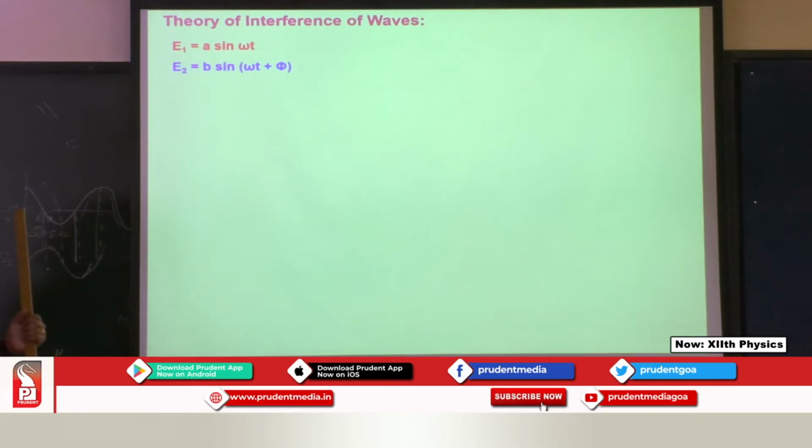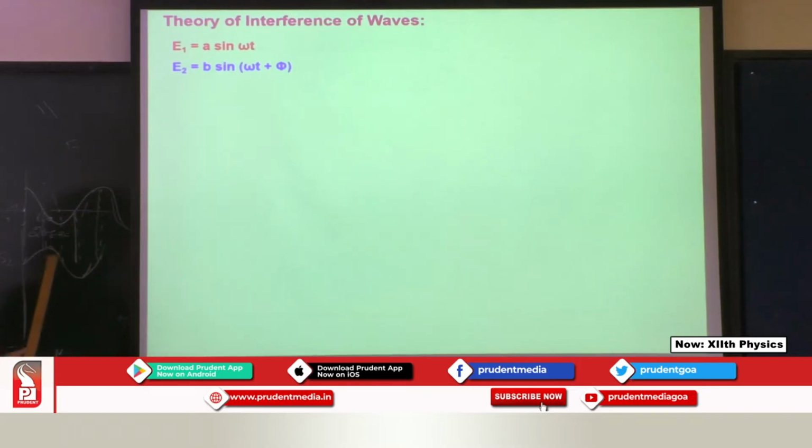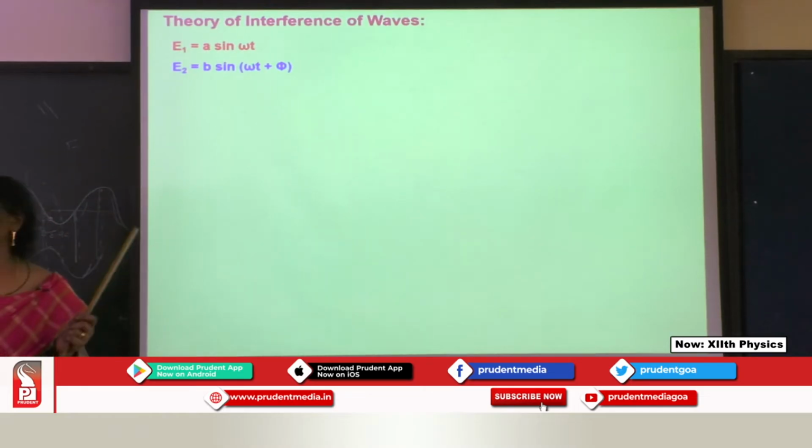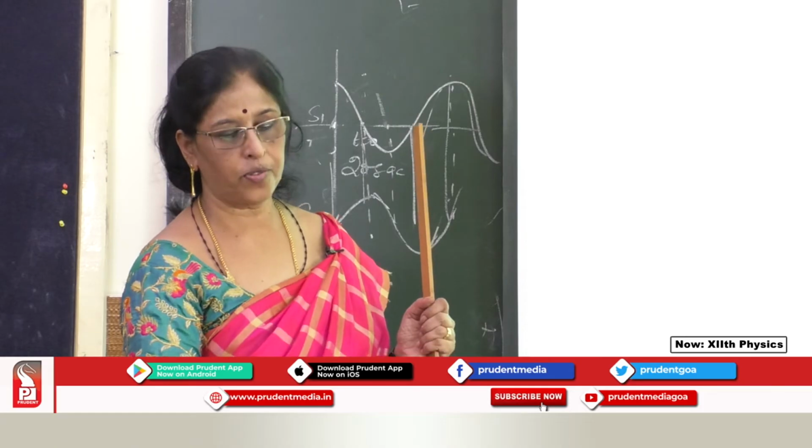And for the second one, there is a constant phase. Suppose, as I told you, one starts at 90 and one at 0, there is a phase difference. If both start from the same position, we write A sin ωt and B sin ωt. If it doesn't start from the origin, with some angle, we write it as φ.